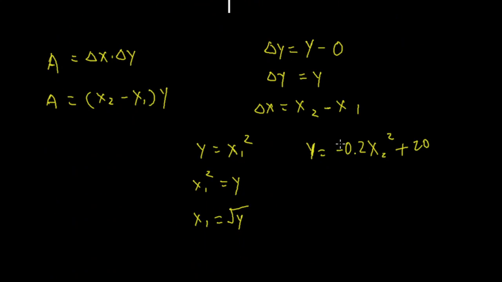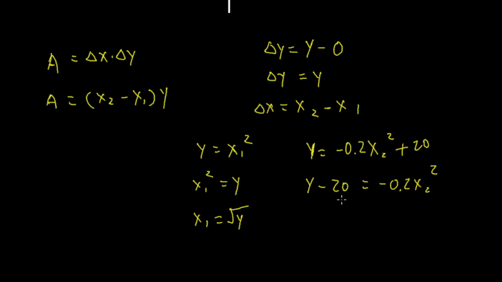Okay, so for this equation, isolate x2. So we have to subtract 20 from both sides. Y minus 20 is equal to negative 0.2 x2 squared. Divide both sides by negative 0.2. Basically 1 divided by 0.2 would be 5, but this is negative, so this becomes negative, right?